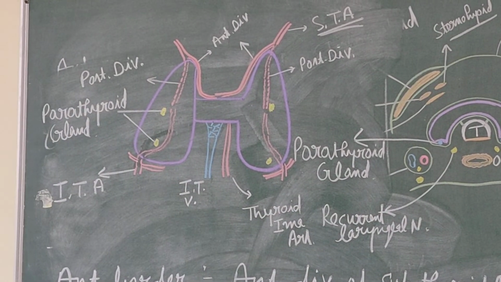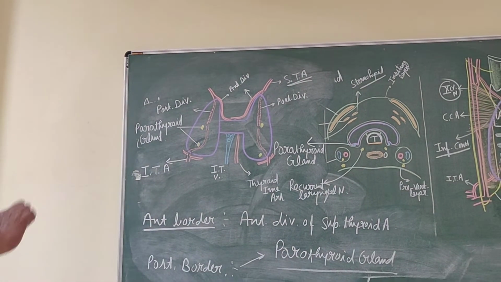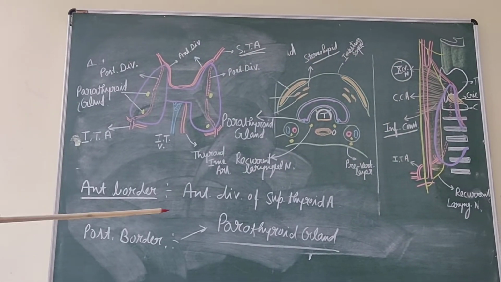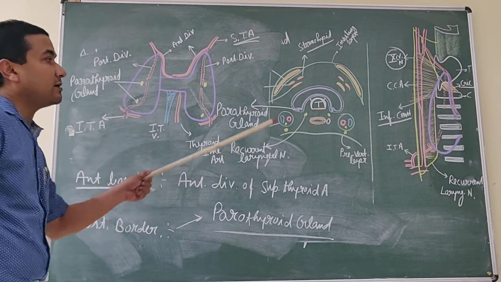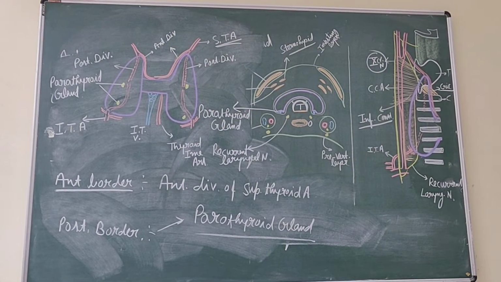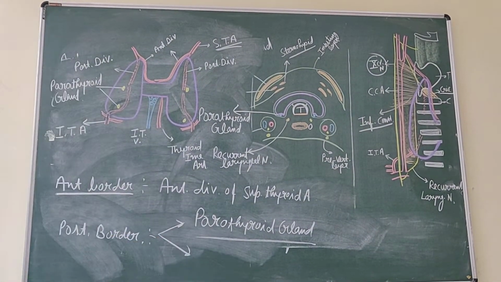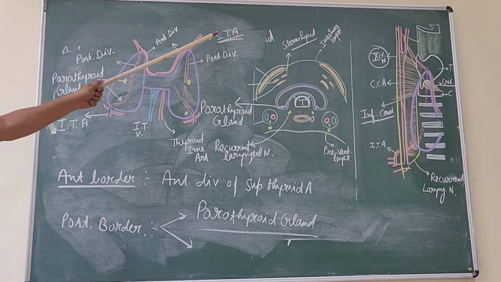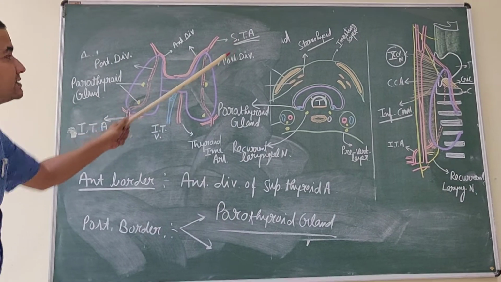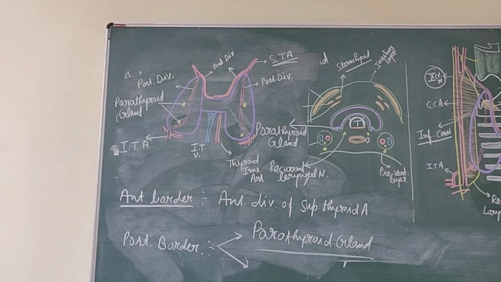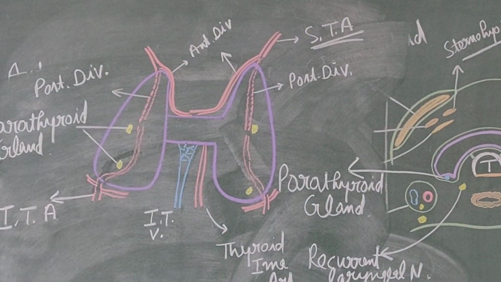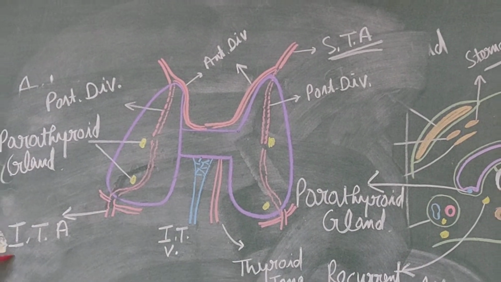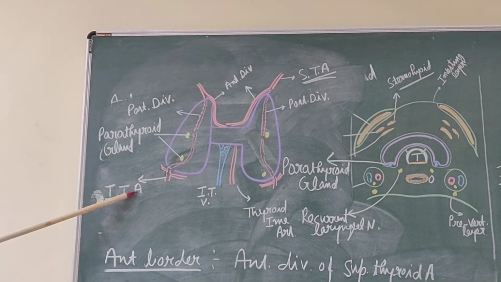It is an important relation, and this parathyroid gland is present between the false capsule and the true capsule of the thyroid gland. Now on this posterior border, there are other structures. The posterior division of the superior thyroid artery runs along the posterior border of this thyroid gland, and from below comes the inferior thyroid artery.